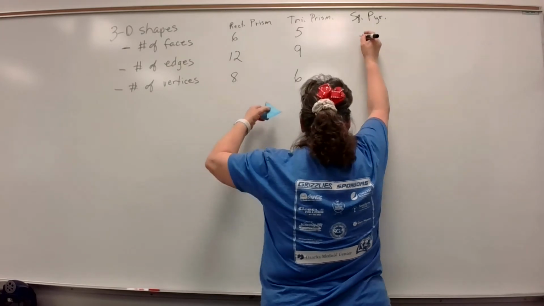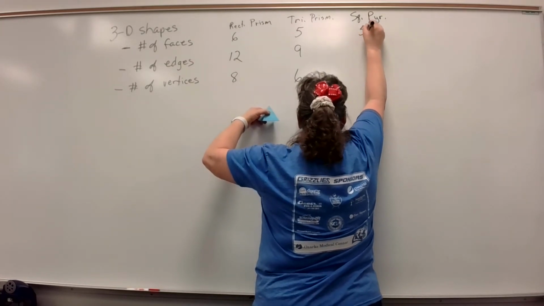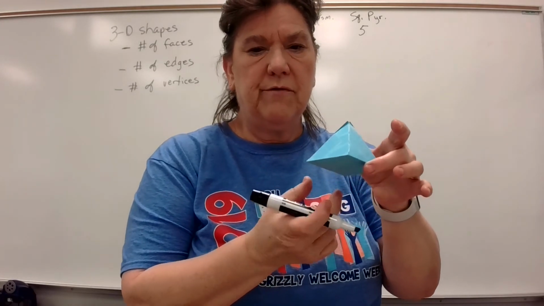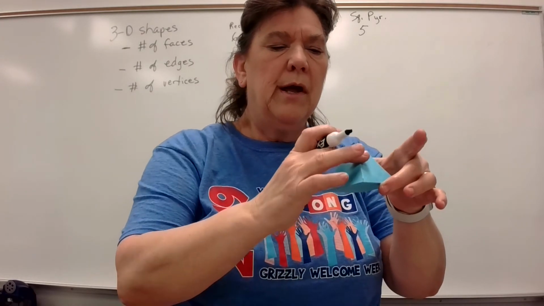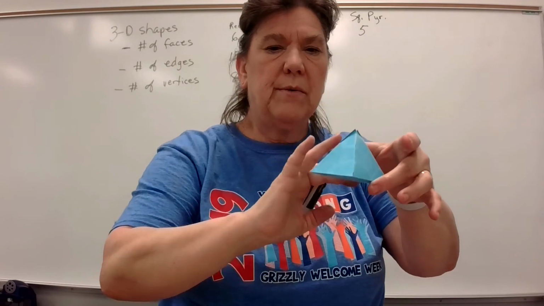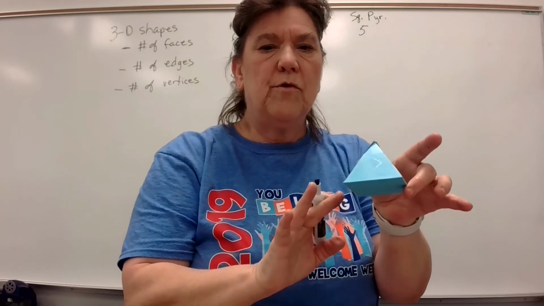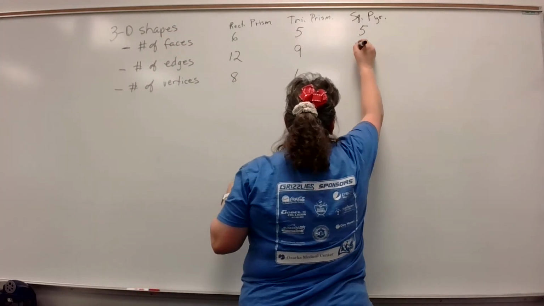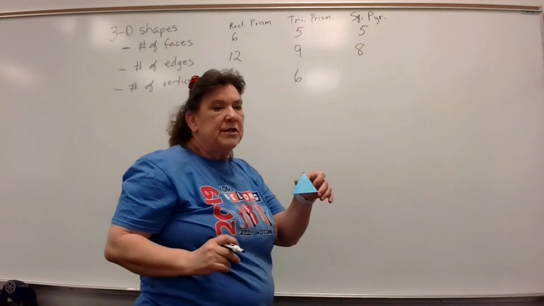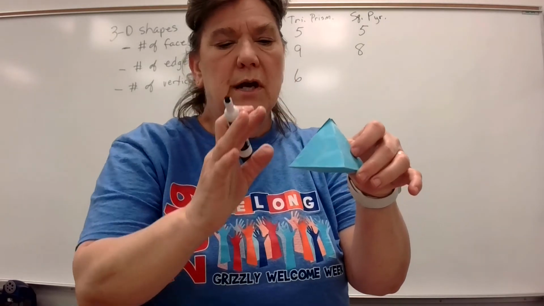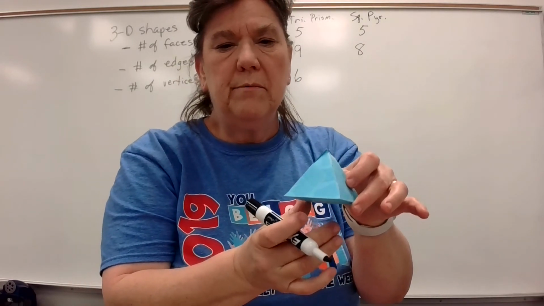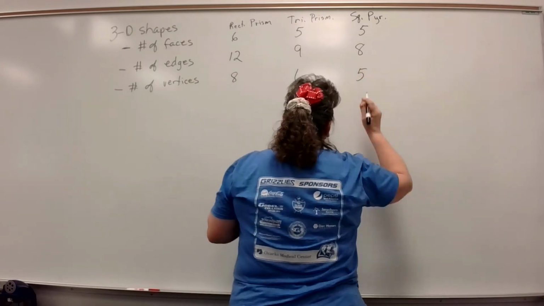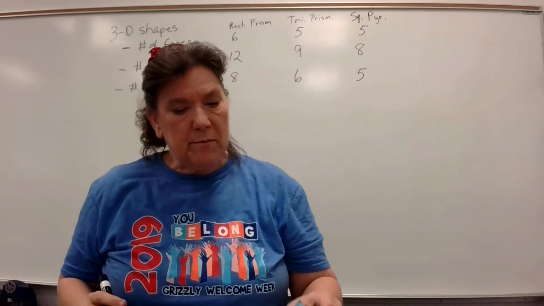So this has a total of 5 faces. Now let's look at the edges. 1, 2, 3, 4 edges at the bottom and 4 edges coming around the side. There's 4 edges and 4 edges, making 8 edges. And then your vertices, you have 1 on top and 4 on the bottom, making 5 vertices. So you can see they're different from each other.